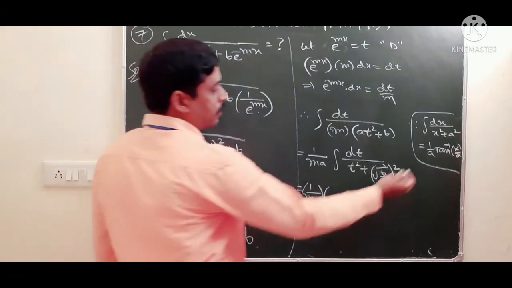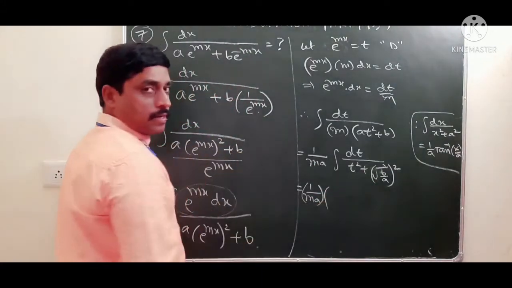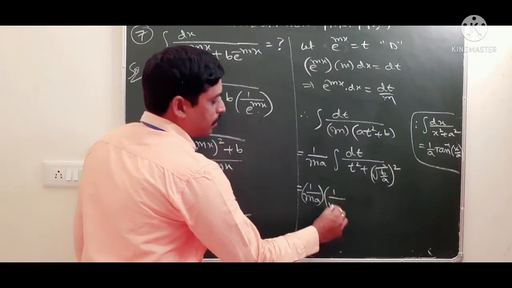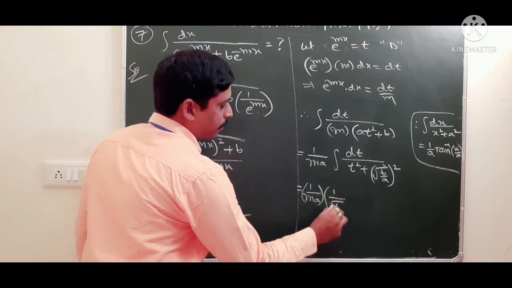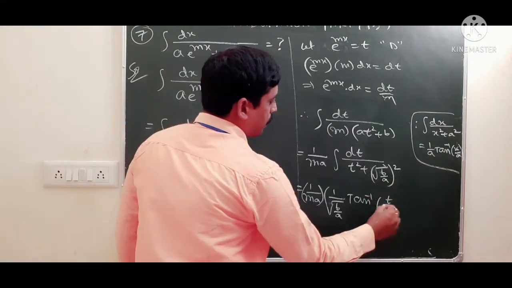In this formula, where a is replaced by root b by a and variable x is replaced by t, we get 1 by root b by a into tan inverse of t by root b by a.